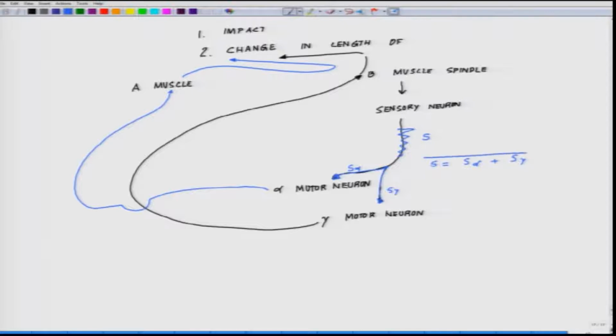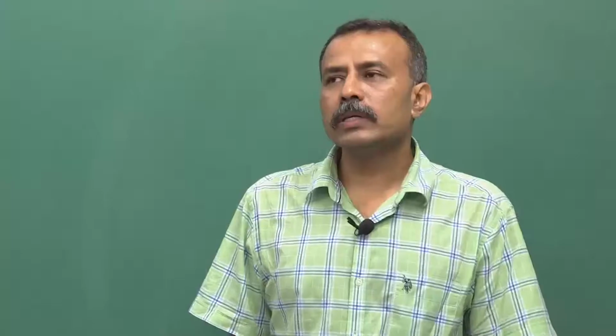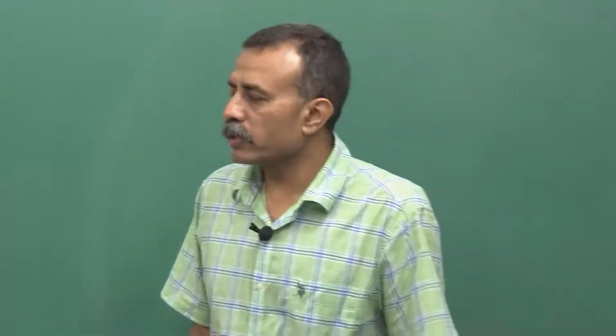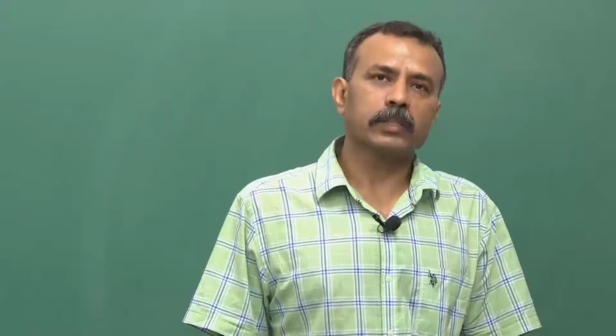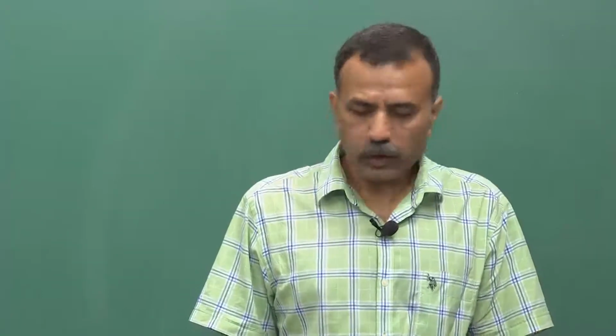So, how this kind of calculation a neuron makes is mysterious to us. We have no idea about it. So, these are some of the futuristic challenges to understand how this signal is being transmitted. We really have absolutely no clue about this part of the circuit.